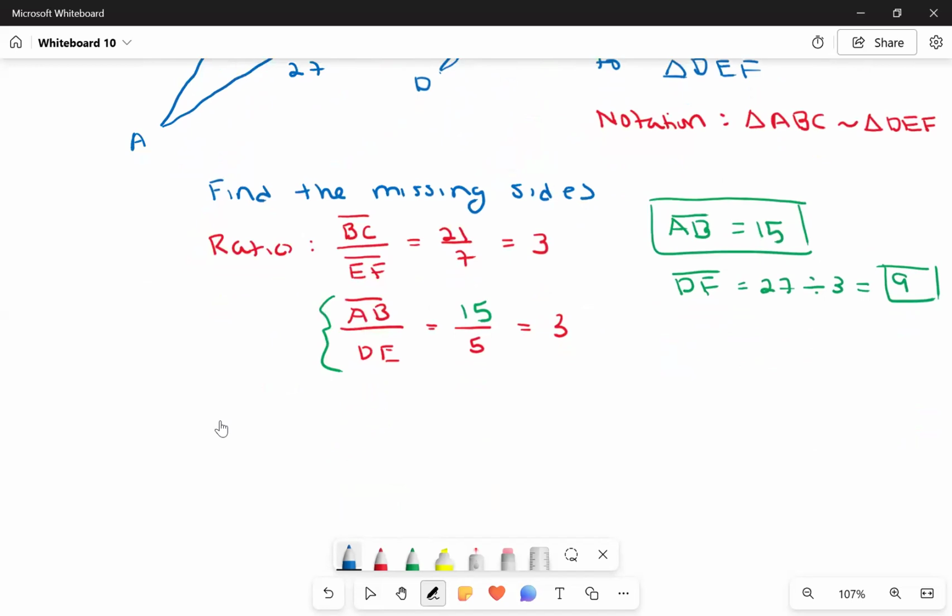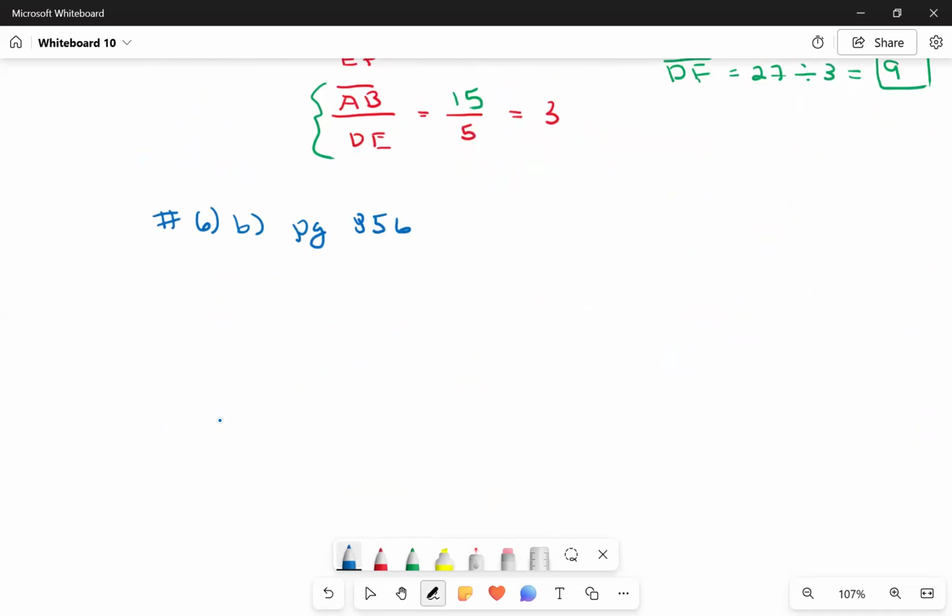I'm going to do one example with a weird one, only because it's sometimes annoying drawing some of these. Actually, if you don't feel like drawing this, refer to number 6B on page 856 in the book. I'm going to really roughly sketch it. They've got this funky figure here.